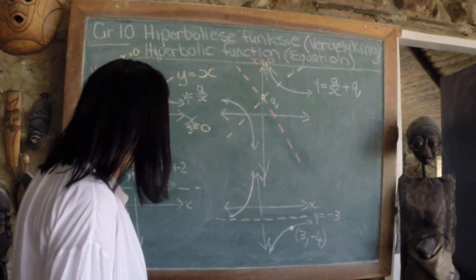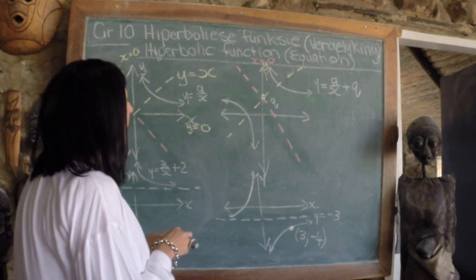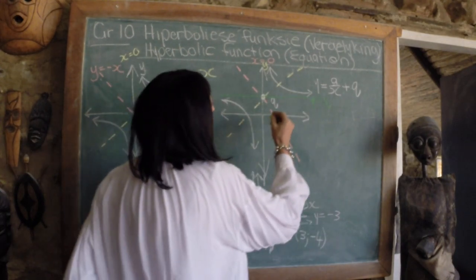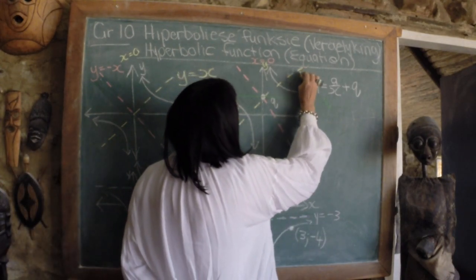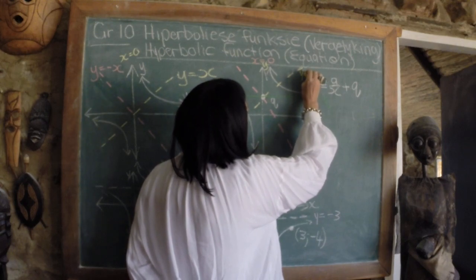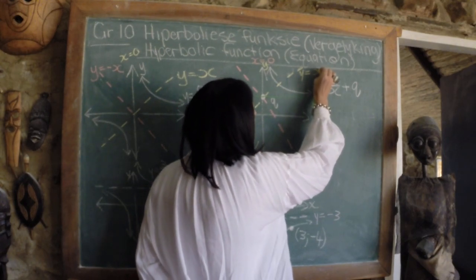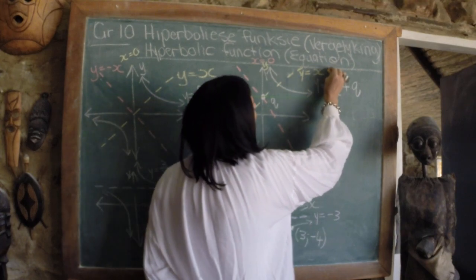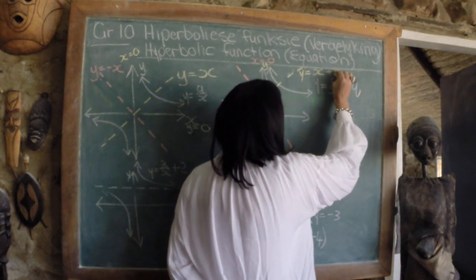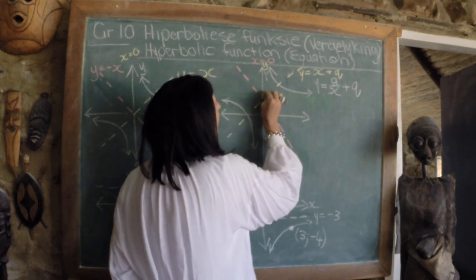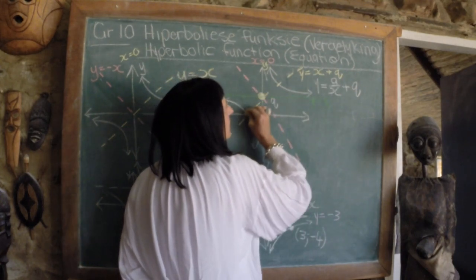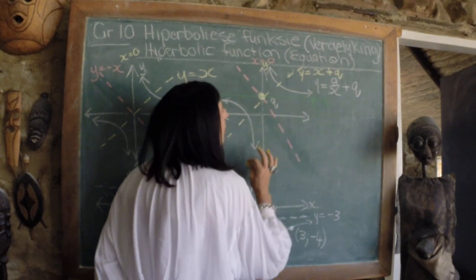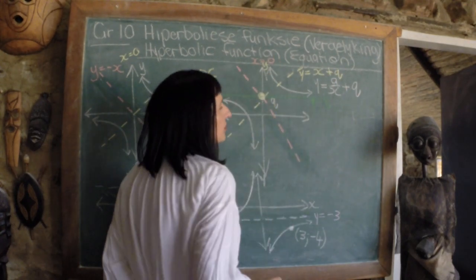So met ander woorde, my vergelyking van my positiewe symmetriese as gaan nou wees, nie meer y is gelyk aan net x nie. Hy gaan nou wees, y is gelyk aan x plus q. So daardie waarde wat hy nou die y-as sny, hierdie symmetriese as, gaan ek nou as 'n ster bysit omdat hulle opgeskuif het soontoe.